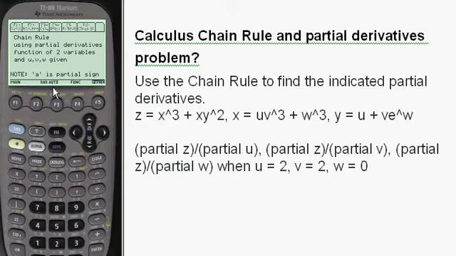One thing to note on these: to add the letters of these type of things here, u times v cubed and everything, you're going to have to press alpha twice to add the letters.